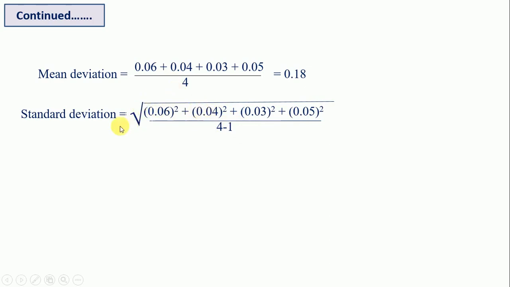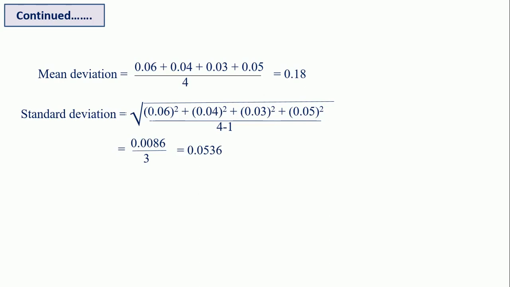So standard deviation is equal to the square root of 0.06 squared plus 0.04 squared plus 0.03 squared plus 0.05 squared divided by 4 minus 1, and see the answer: 0.0536. So this is called the standard deviation. In this way, if we know the formula, we can easily calculate the standard deviation.